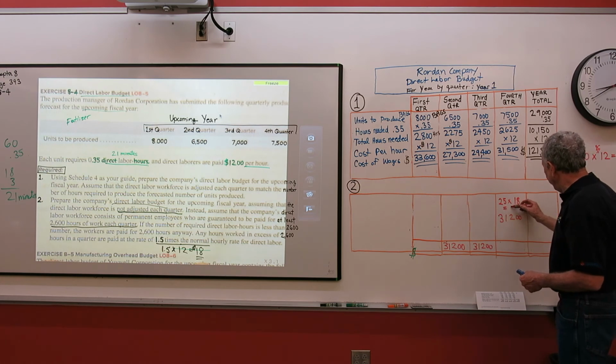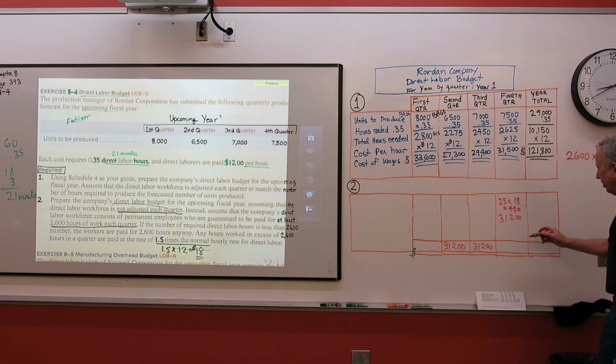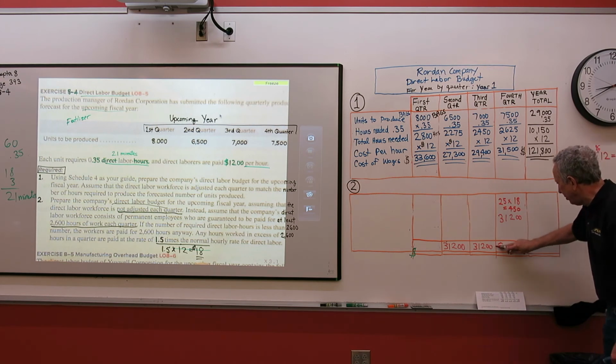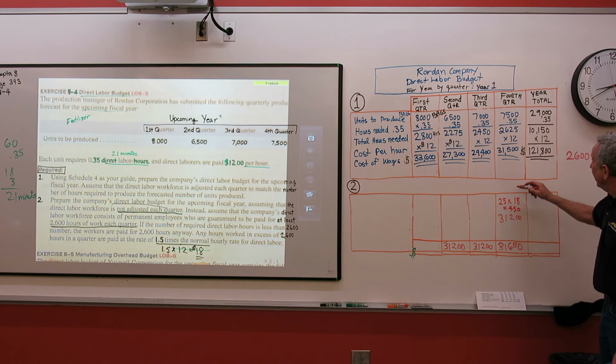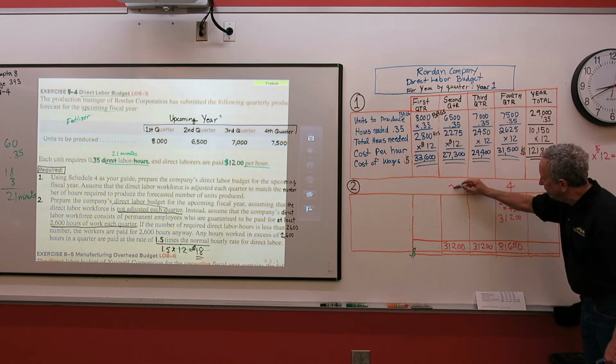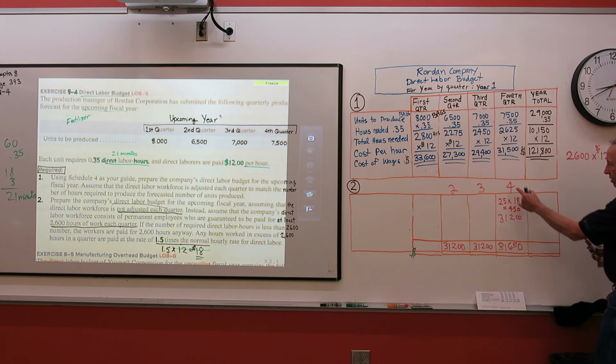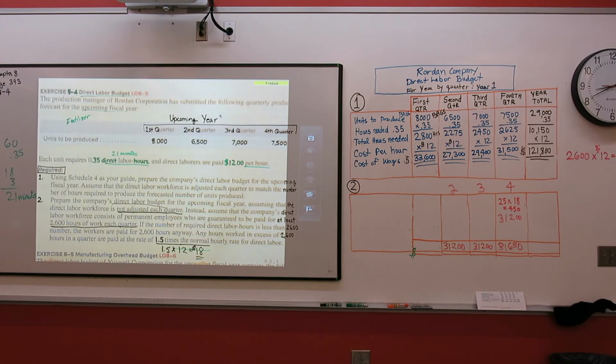That's equal to $450. That's the overtime. So that's going to be $31,650. And that's for the fourth quarter. Let's just put a 4 there, a 3 there, a 2 there. So we've got it. Fourth quarter, we're going to pay $31,650. There's the standard.